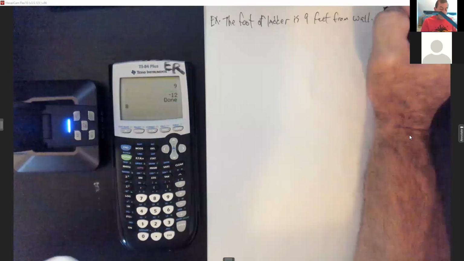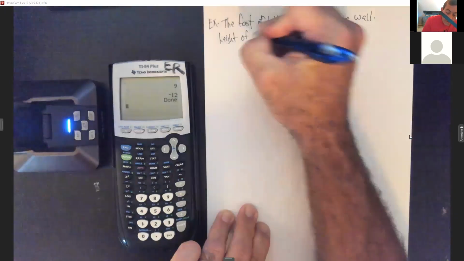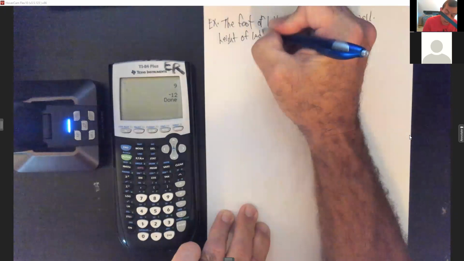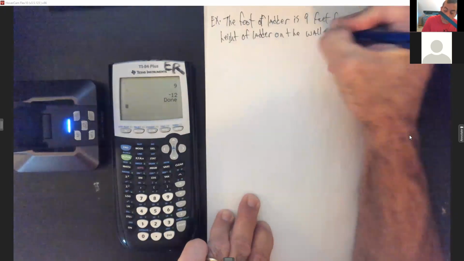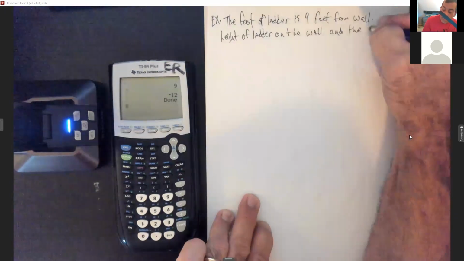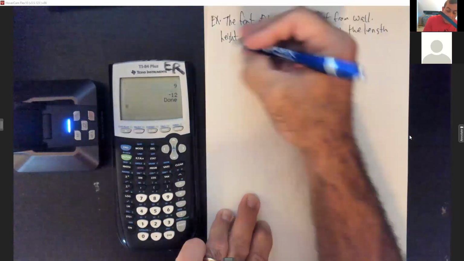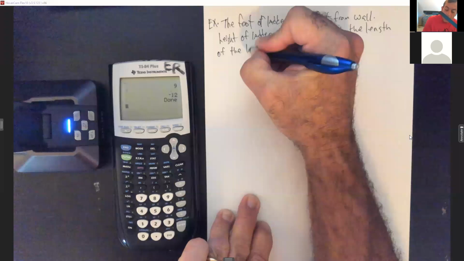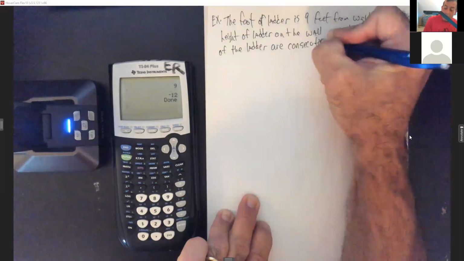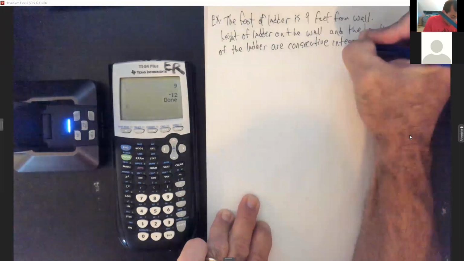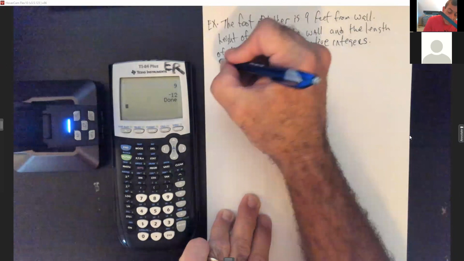And then the other main thing was the height of the ladder on the wall and the length of the ladder are consecutive integers. And all this wants to know is, how long is the ladder?